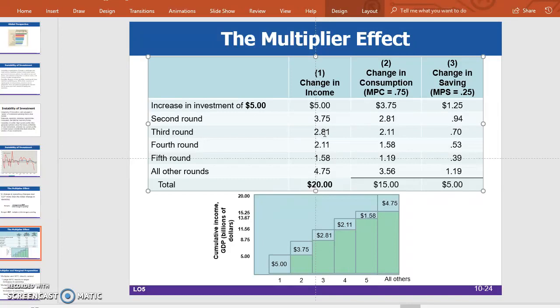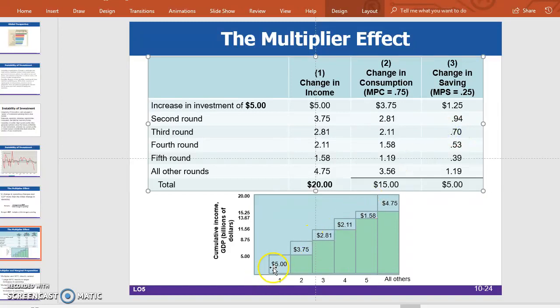And we already know how to get 2.11, which is 75% of that 2.81. You can just find it: 2.81 multiplied by 0.75 will give you 2.11. So when the change in income is 2.81, given that MPC is 0.75, the change in consumption will be 2.11, and the rest of the change in income of 2.81, which is 0.70, will be saved, right?